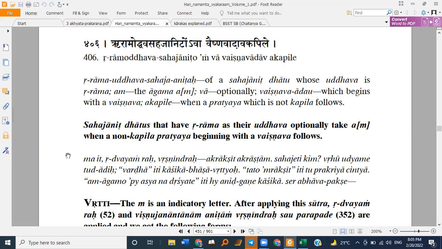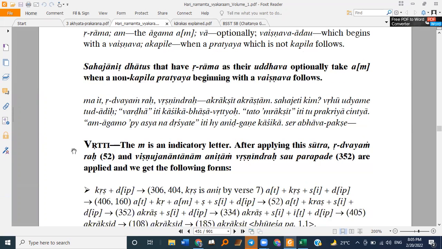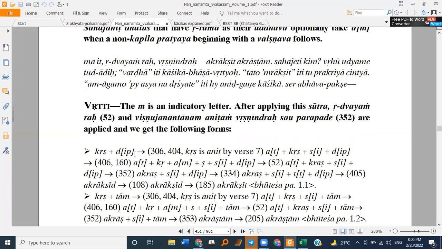So such dhatus they optionally take insertion when a non-kapila pratyaya beginning with a Vaishnava follows. For example, Krish Yuktadip.